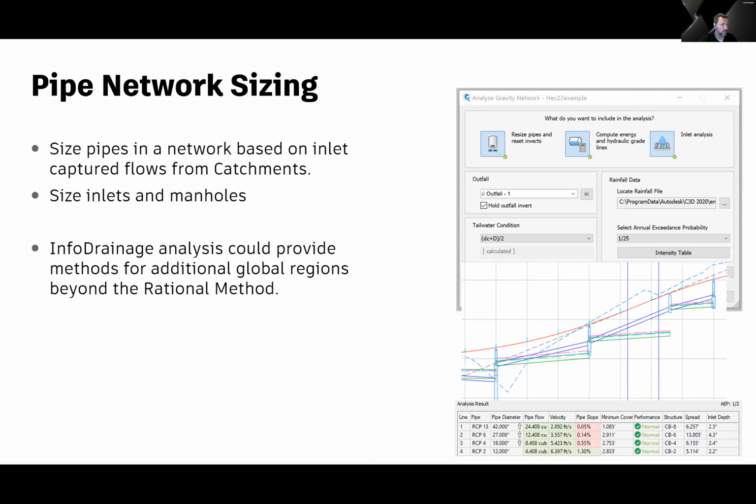And you can hold the outfall invert, set tailwater condition, but I think the Info Drainage calculator has some other capabilities of holding the slopes, or matching crowns versus inverts, and just a few more criteria to do some better initial sizing that we could leverage.